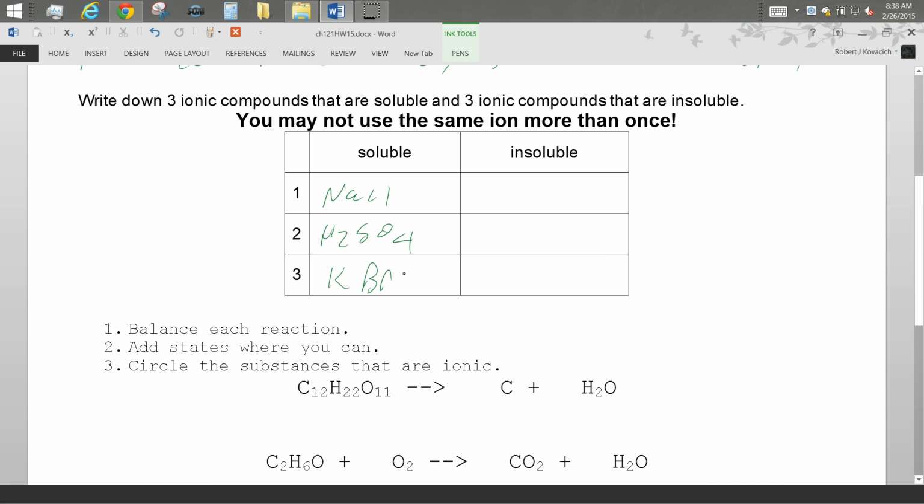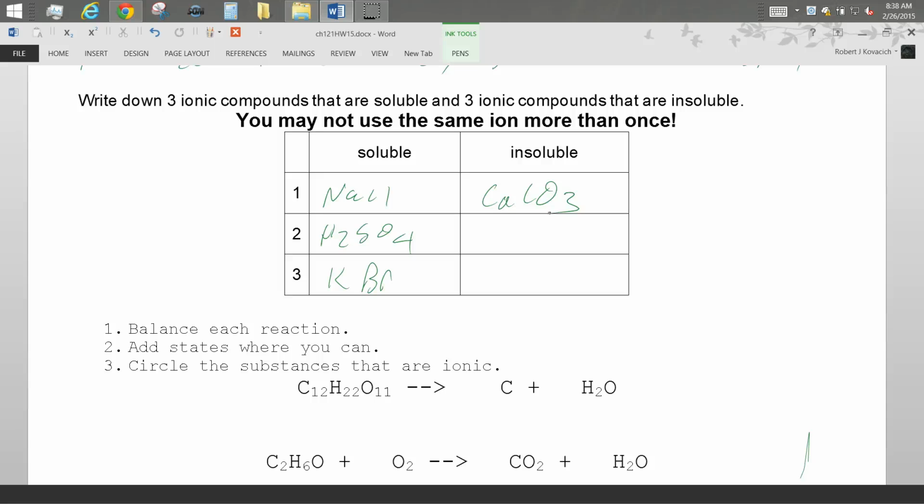Great. How about some stuff that's insoluble? I didn't hear you. The calcium carbonate. Okay. Now what? Mercury 1.